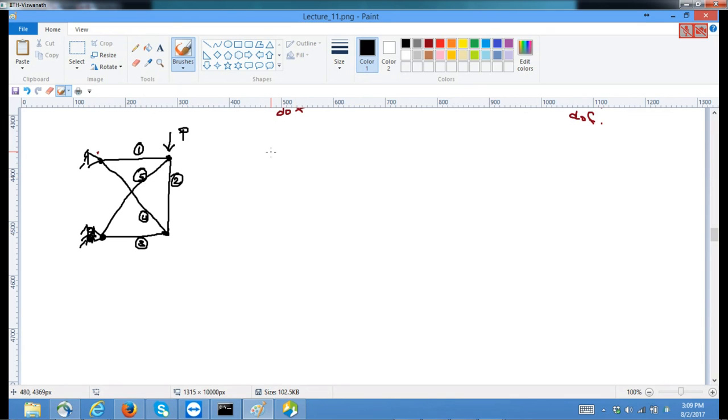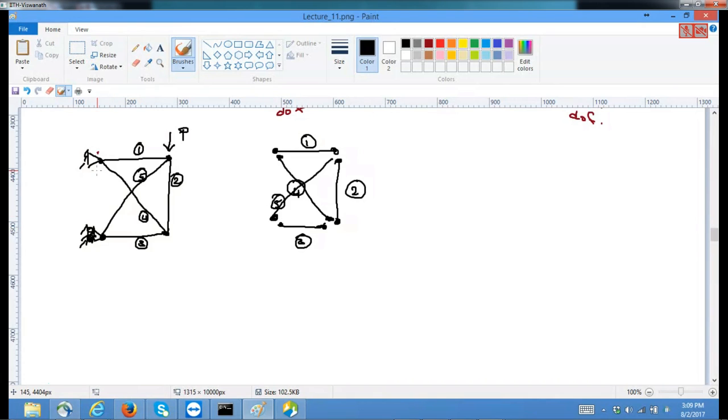These 5 elements are modeled as element 2, element 3, element 5.